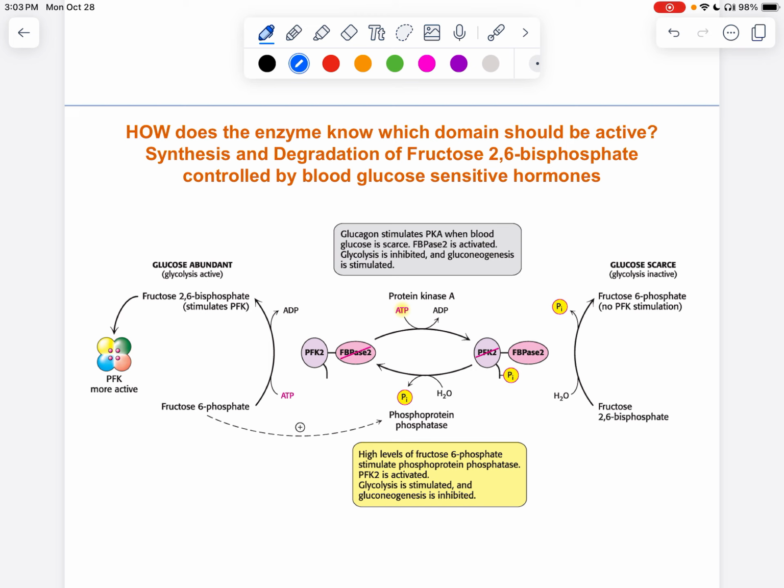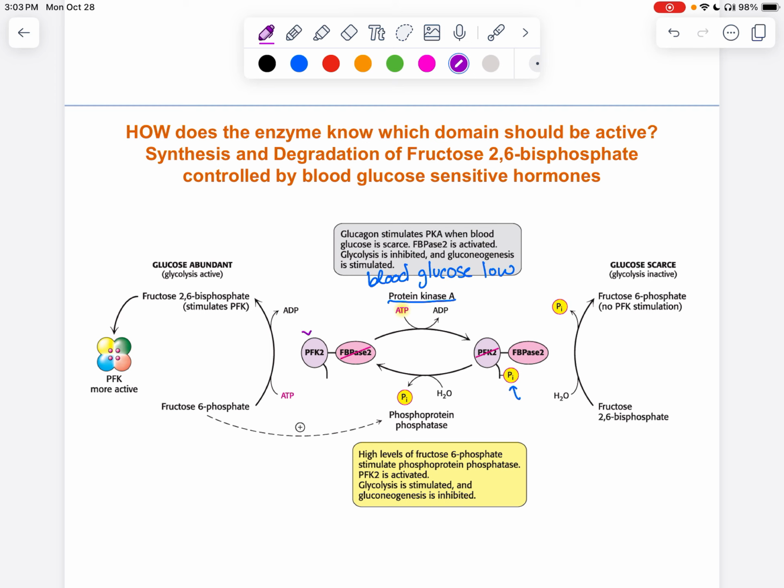So if blood glucose is low, so I'm going to write that up here. We're going to stimulate or activate this protein kinase A. And it's going to phosphorylate the PFK2 domain. So when PFK2 is active, let me change color here.